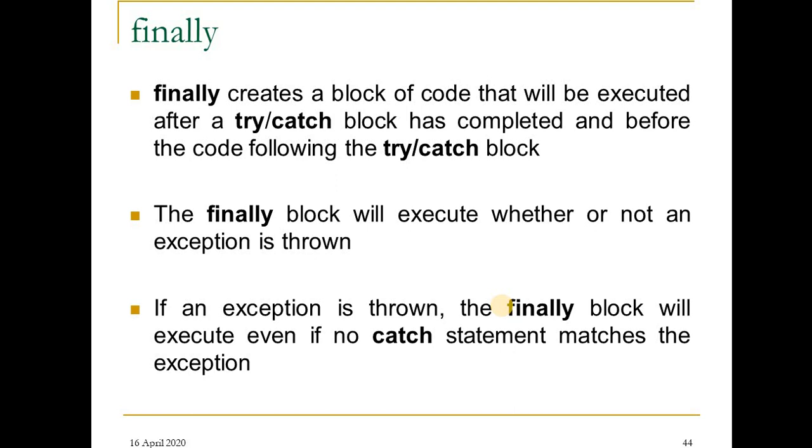So the file may not be closed. In such a case, you can put the statements to close the opened file inside the finally block. So deallocating or closing all the resources, you can do inside the finally block.